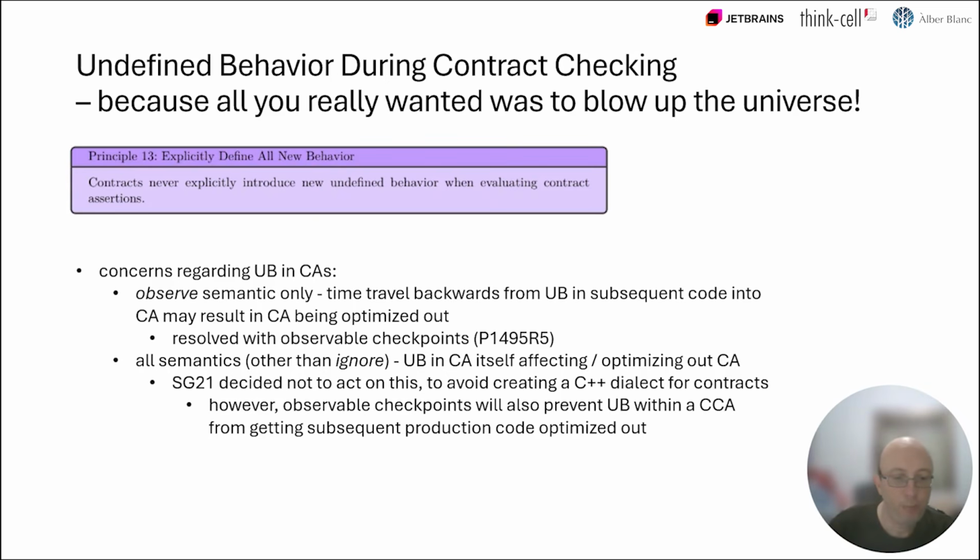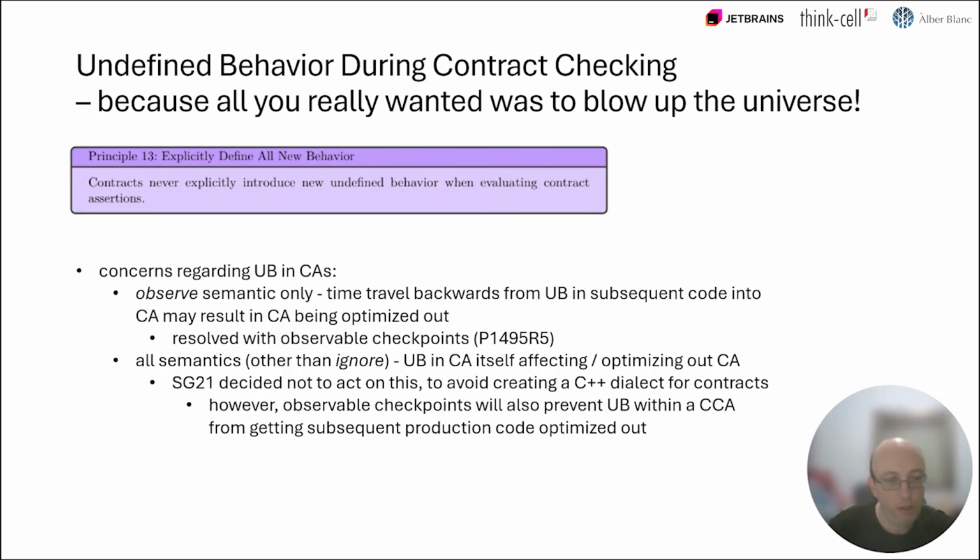Undefined behavior. When coupled with contracts, this is one of the big topics that created lots of controversies and brought up lots of concerns. So I will list a few of those. First of all, of course, concerns about undefined behavior in contract assertions. There are several ways to look at this.